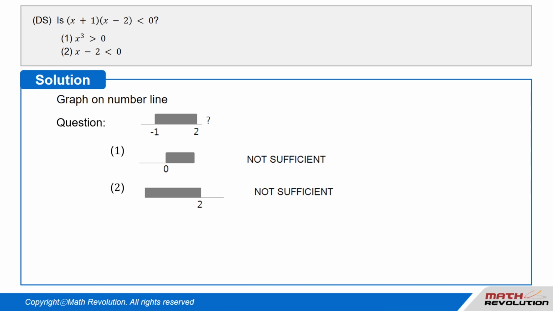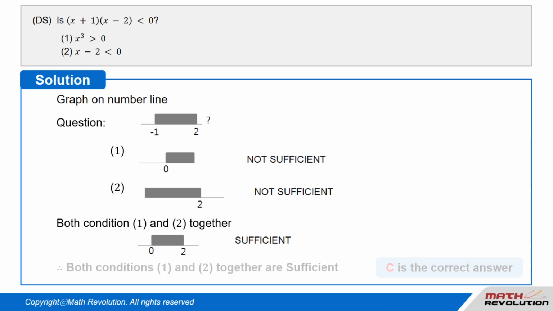This is not sufficient. Both conditions 1 and 2 together: 0 is smaller than x, which is smaller than 2. This is sufficient. Both conditions 1 and 2 together are sufficient. Thus, C is the correct answer. Answer C.